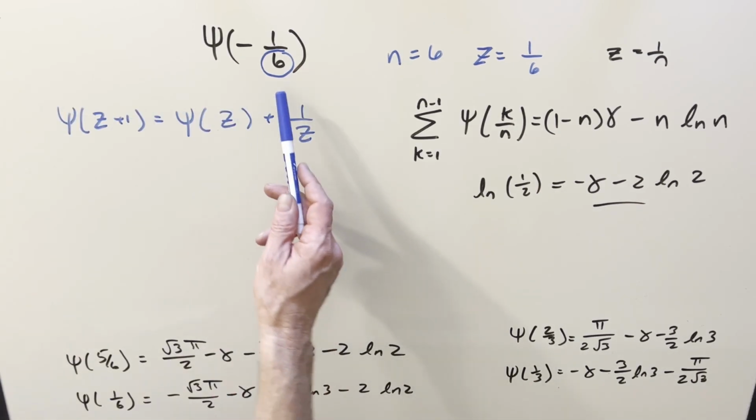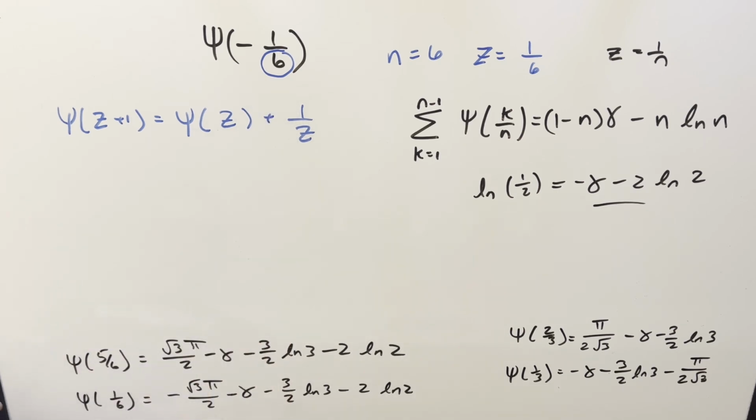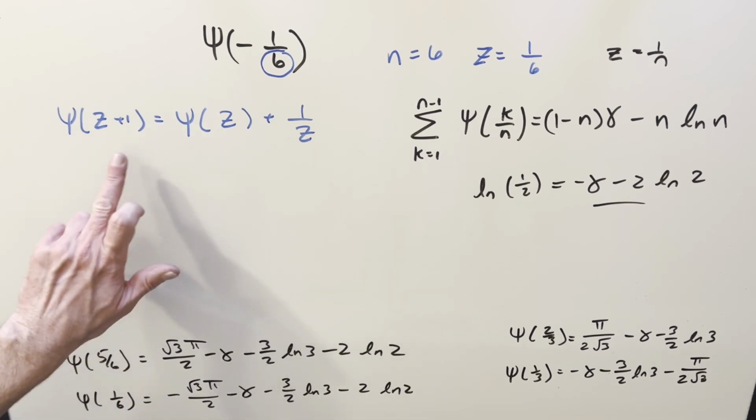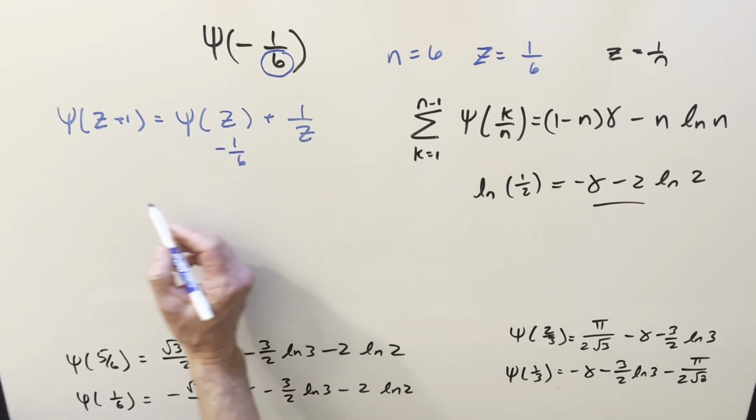Okay, so finally to our original goal, we got digamma minus 1/6. We've calculated 1/6, 5/6, 2/3, 1/3, 1/2. How do we get to negative values? Well, what we can do is use this reduction formula right here. And then what's going to work here, let's see, this value z is going to be less than z plus 1. So I want z to be minus 1/6.